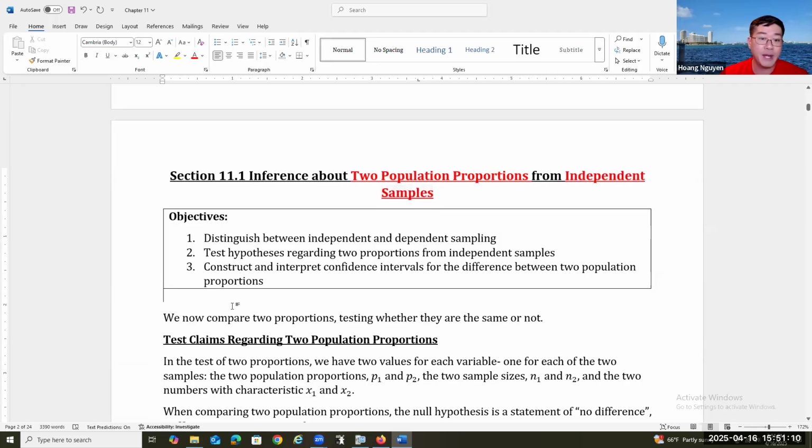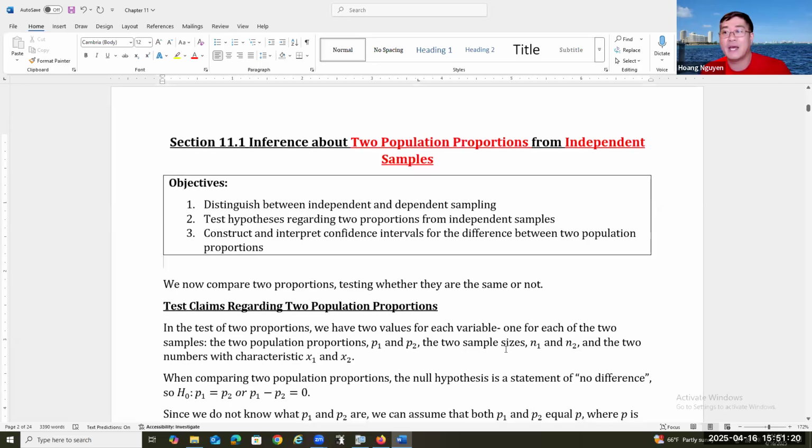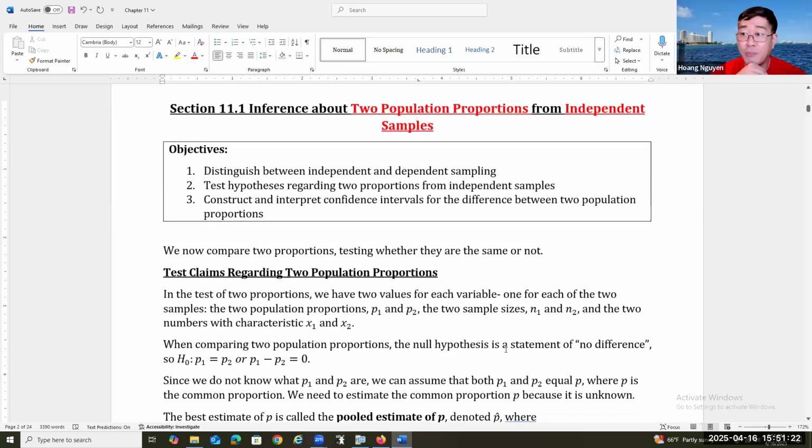We now compare the two proportions, testing if they are the same or not. So this is testing a claim regarding two population proportions. Because we're going to compare two population proportions, you need to use a subscript to distinguish between the first and the second.